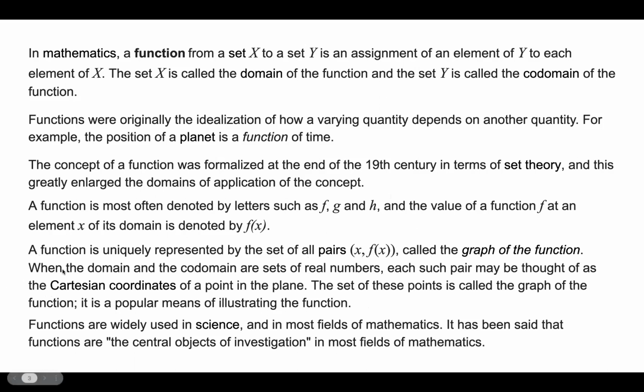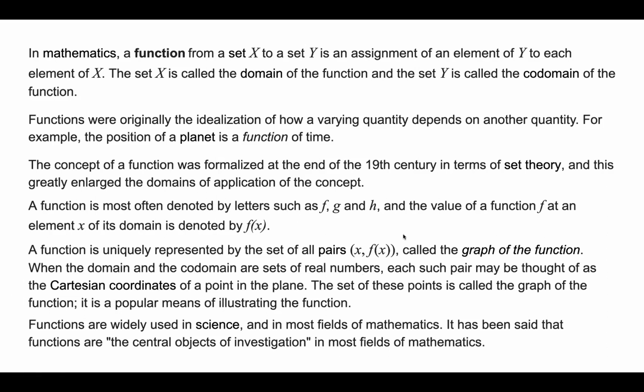When the domain and the codomain are sets of real numbers, each such pair may be thought of as the Cartesian coordinates of a point in the plane. Suppose 2, 3 will be there, 3, 4 will be there.